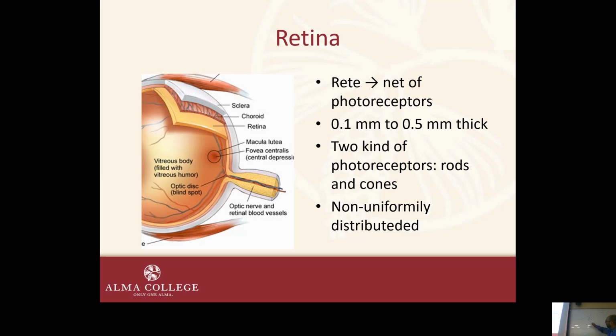So, okay, I'm gonna remove one photodetector, and then I'm gonna bring my nerves and connect them to the brain. So the problem is that now you create a blind spot. There's one part where you're not gonna receive light, you're not gonna have any photoreceptors, and that's basically this part over here.